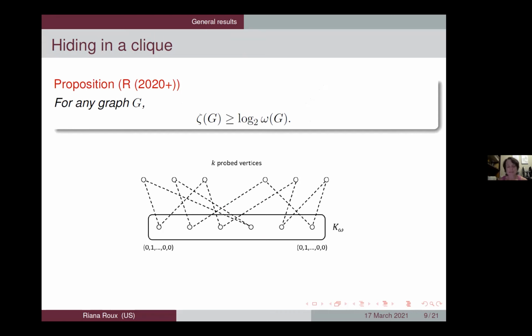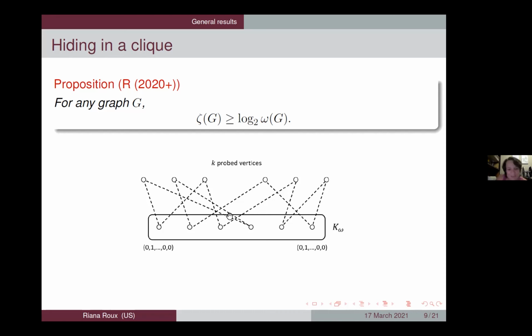And you would see this in many cases, that the extremal cases of the localization number coincide with that of the metric dimension. So our bounds sometimes coincide with the bounds of the metric dimension. It says that the localization number must be bigger or equal to log 2 of the clique number. I just thought I'll explain this quickly.